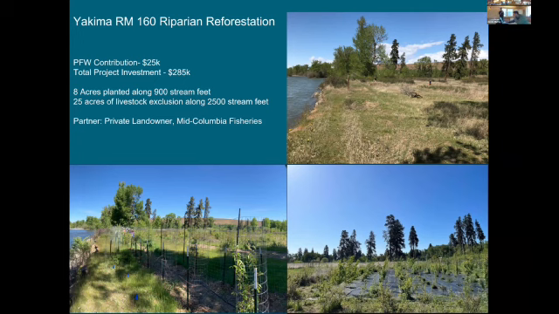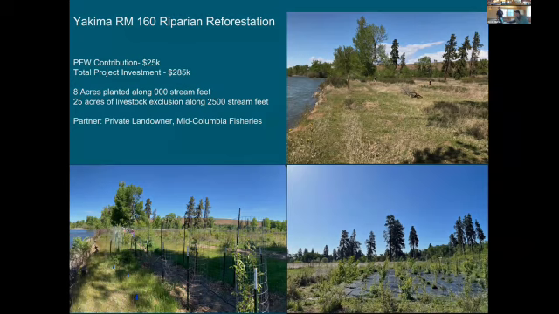So like this project, it was 285K total project investment, we put in 25K. And that was 8 acres of planting and some livestock exclusion fencing with the private landowner and RFEG.